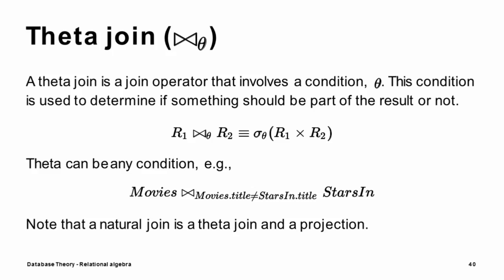And then there's also a theta join, which is more a congruence between sets also. It's the same thing, but it involves a condition. So we have that not natural join and a condition, which is the same as our selection before, where we had our condition and our cross product.